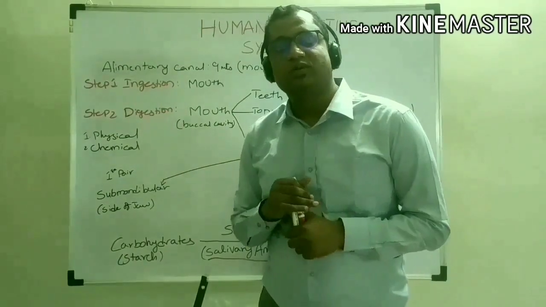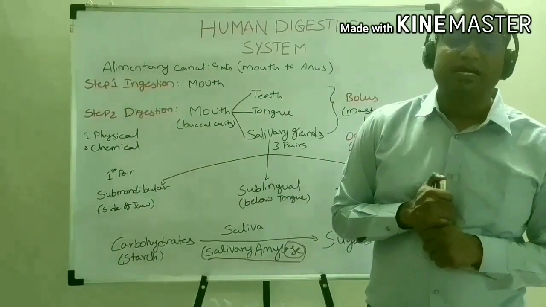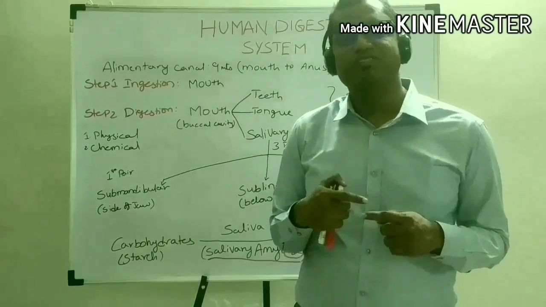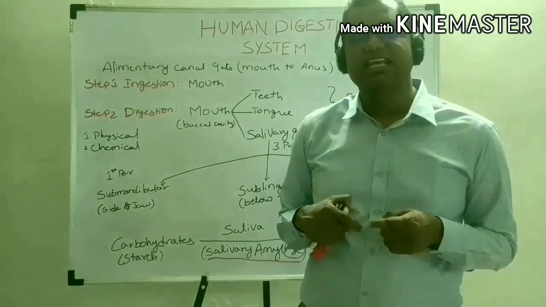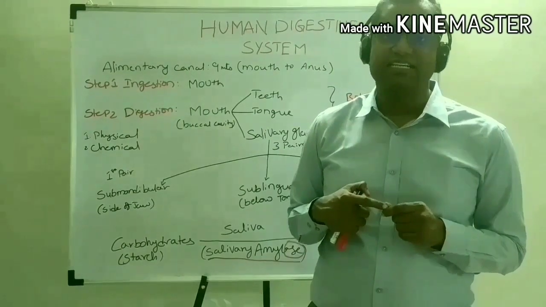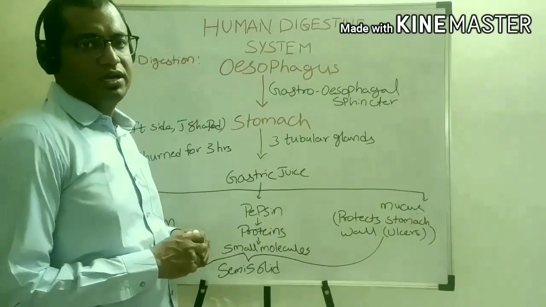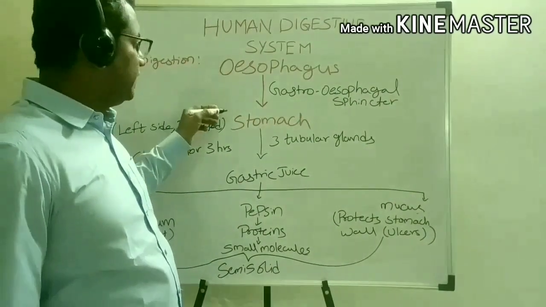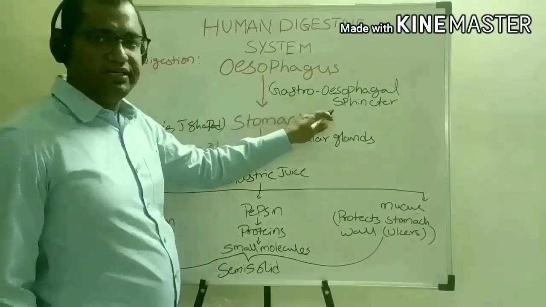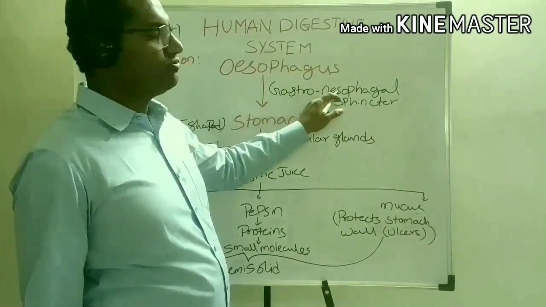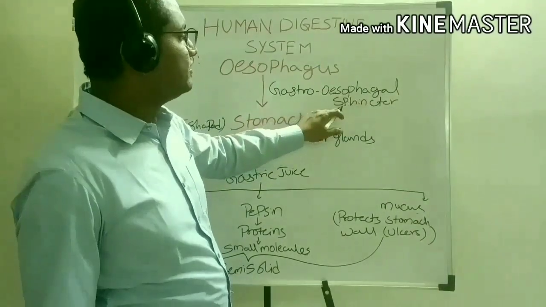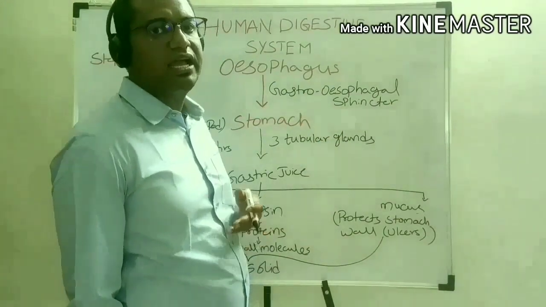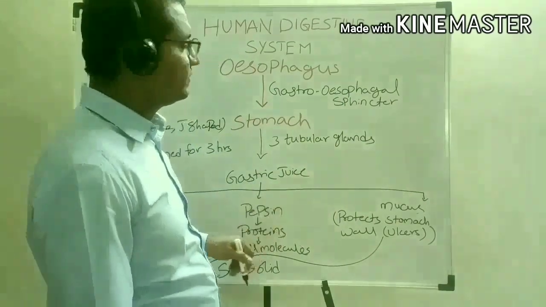And coming to chemical digestion, what exactly is chemical digestion? Chemical digestion is the digestion which happens by the action of different enzymes. Food now enters from the esophagus or food pipe into the stomach through a sphincter known as the gastroesophageal sphincter. The use of this sphincter is that it prevents the reverse flow of food from the stomach into the buccal cavity.